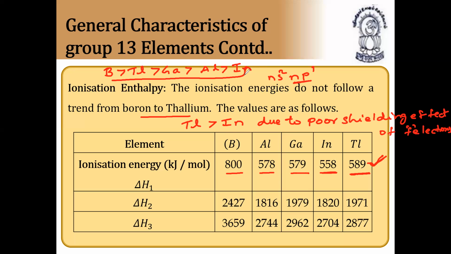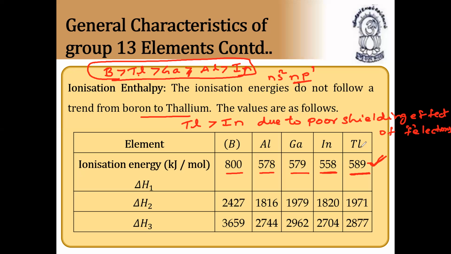As these are not following a regular trend, definitely they'll ask in the examination. So boron is greater than thallium, greater than aluminium, greater than gallium, greater than indium. Gallium and aluminium are almost equal to some extent, so you can also say greater than or equal to, whereas indium is still lesser.